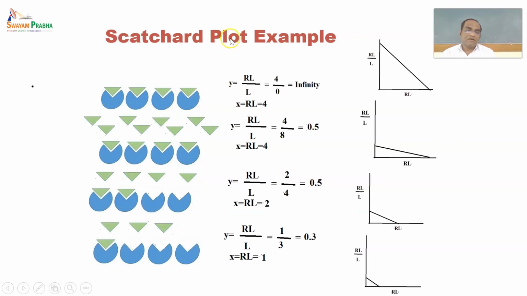This scatter plot explains that when the slope increases, it means that the binding capacity of a receptor increases. Just increasing the concentration of a ligand is insufficient for binding, and as the concentration of ligand increases further, there will be a decrease in the slope value.